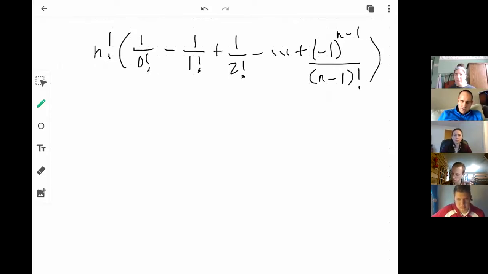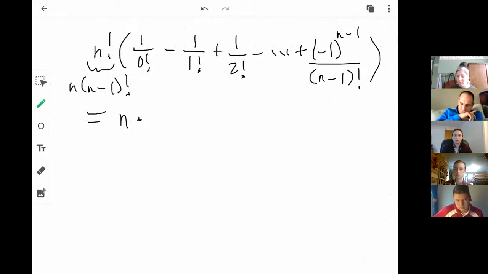Because n factorial is just n times n minus 1 factorial, this is really the formula for n times D sub n minus 1, if you look at the formula for the number of derangements.